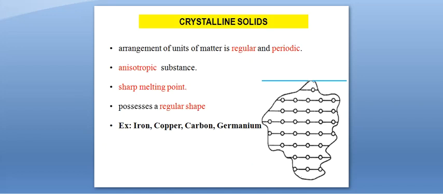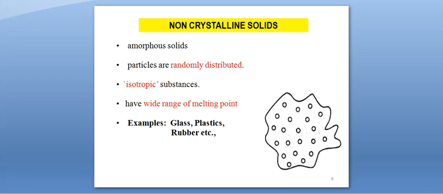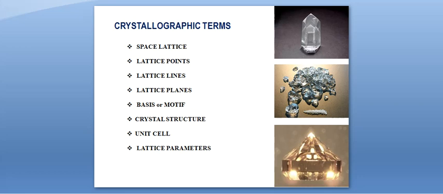So we now know what crystalline solids and non-crystalline solids are. In your exam they may ask what is the difference between crystalline solids and non-crystalline solids, so you must write it. Then we are going to see the crystallographic terms. Some of these terms are important.